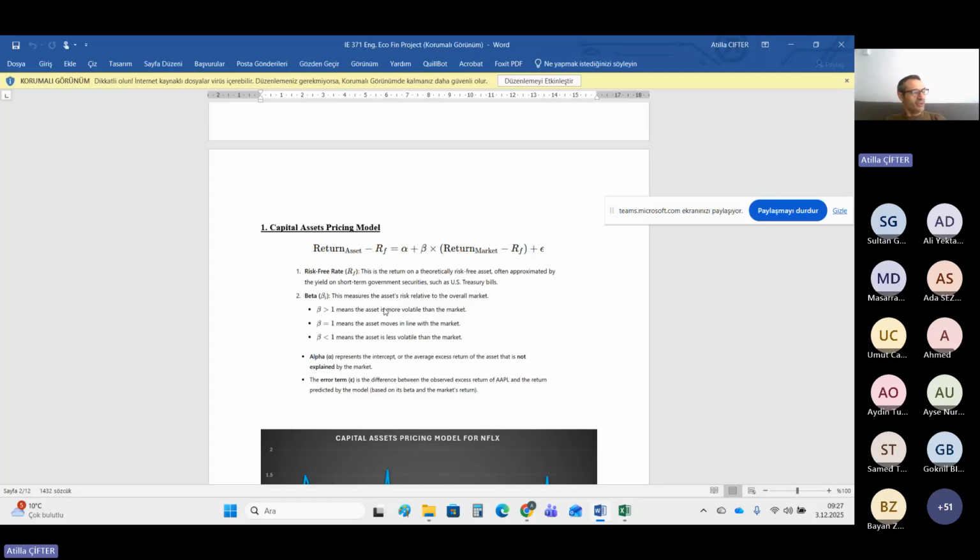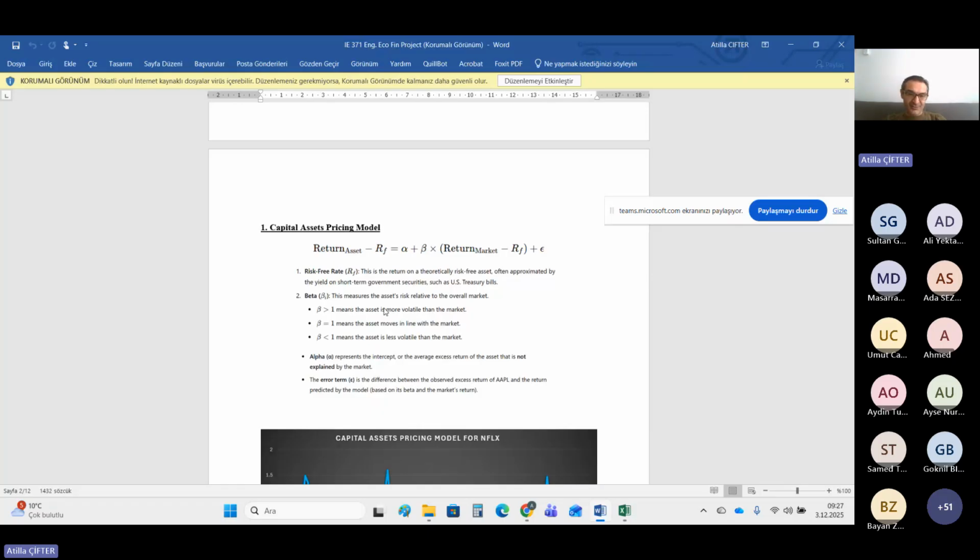But we also learned that we have a risk-free rate, which means that we expect at least this return. If the risk-free rate is 3% in the United States, then because you take risk when you buy stock, you expect that individual stock return is higher than the risk-free rate.